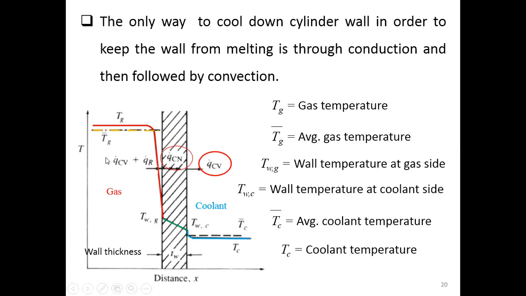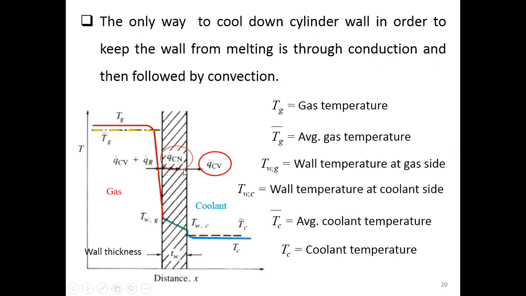So we have high temperature and high heat here, and we do have heat transfer through the cylinder wall. This is the cylinder wall or the combustion chamber. The heat that has to be carried out through the wall has to go through conductive heat transfer. CN stands for conductive heat transfer, or conduction.